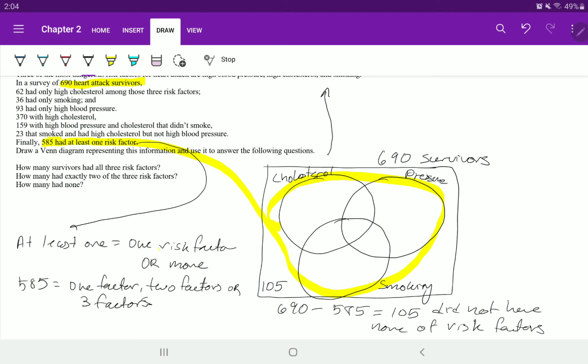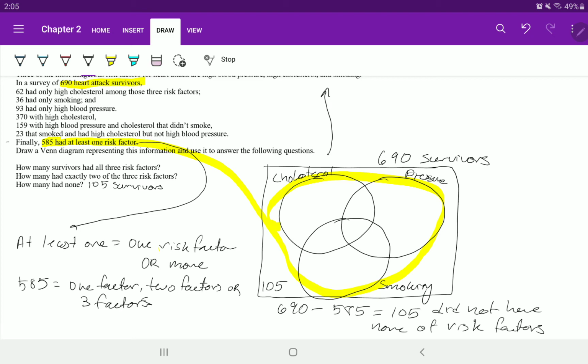And also, we just answered the last question. How many had none of the risk factors? 105 survivors. That answers that last question. Horrible box, but whatever. Okay, we took care of that.